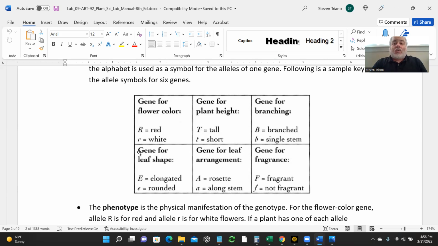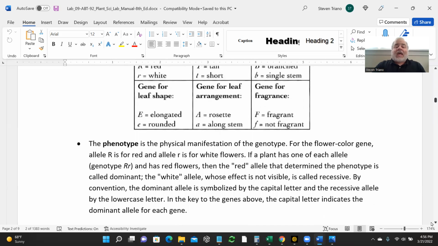Because you are getting the red expression, you're just not getting enough of it to have the deep red color. And so they call that incomplete dominance when you have a difference in the phenotype when you see the heterozygous condition. So what am I talking about there?